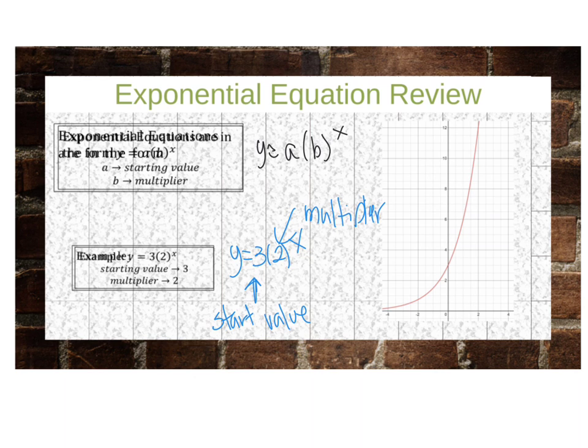Over here we see a graph of y equals 3 times 2 to the power of x. The starter is 3, right there. You multiply 3 times 2 and you get 6, right there at 1. And if you multiply 6 times 2, you get 12, which is what it would be at 2.